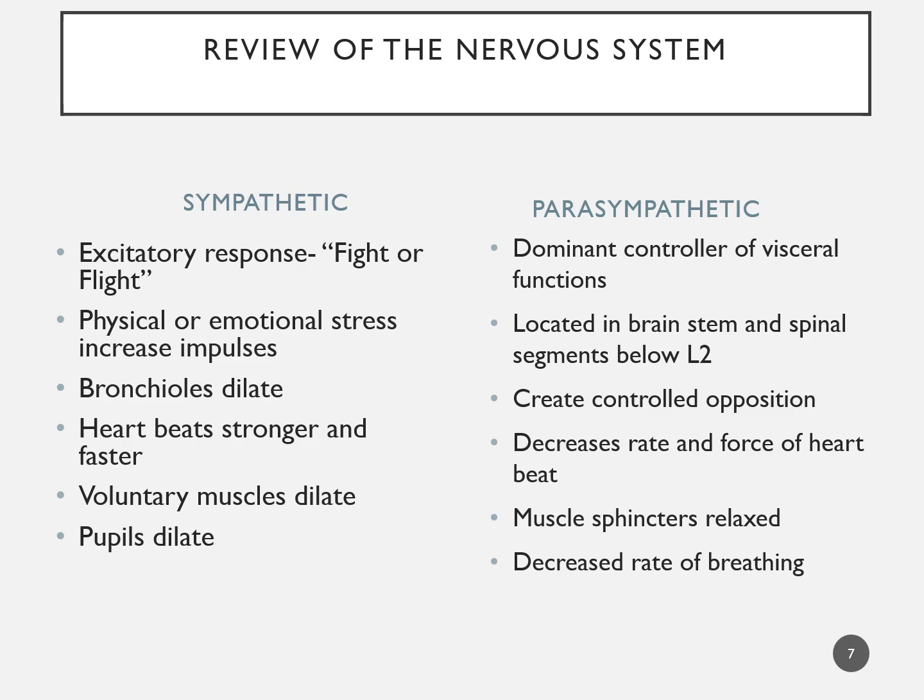Our heart beats stronger. Our muscles dilate, bringing blood to our muscles, and our pupils can dilate also, letting more light in. The parasympathetic is that controlled opposition of the sympathetic, right? It helps to decrease our heart rate and decrease the force of the heartbeat. It helps to relax our muscles and our sphincters and helps to decrease our rate of breathing. So this will come into play also shortly.